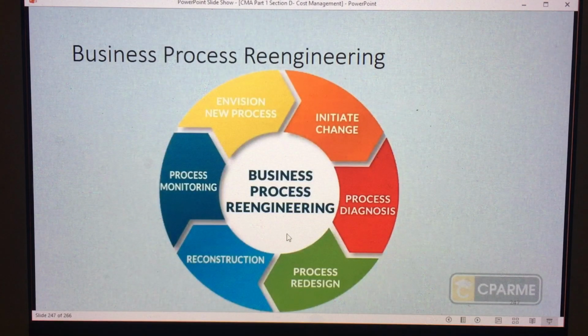Yan. So we have initiating change, you process the diagnosis, you process the redesign of that product, you reconstruct, you have process monitoring, and you envision a new process. And so if you see, it is a cycle kasi hindi siya tumitigil once that you are able to envision a new process.